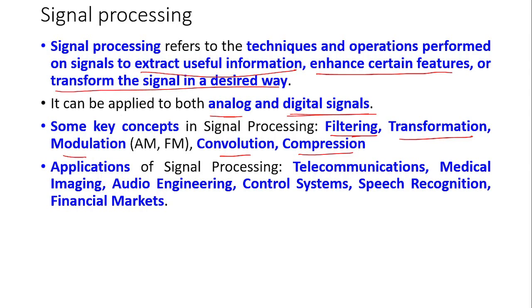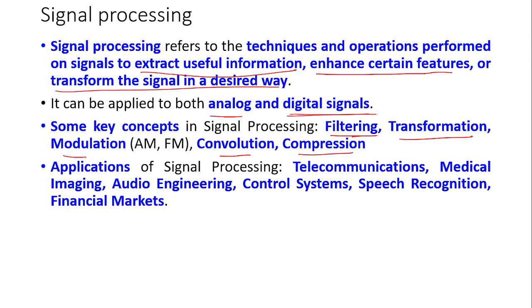You can remove noise, or you can band limit some signals within a particular frequency range. When we apply some techniques or mathematical operations so that some frequency components can be eliminated from the signal, then it is called filtering.